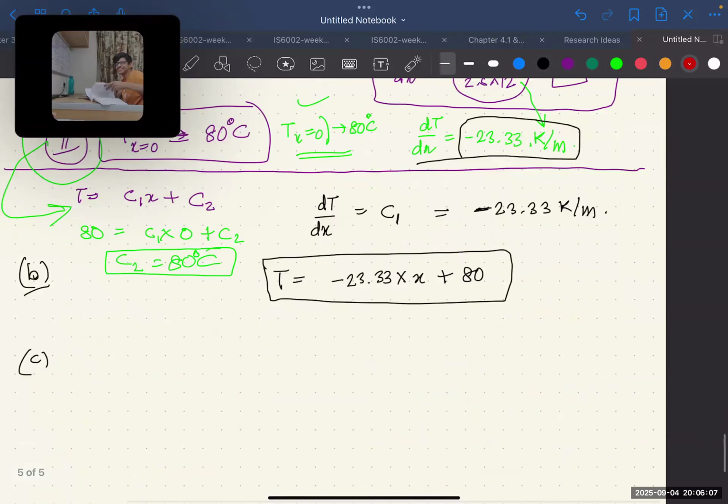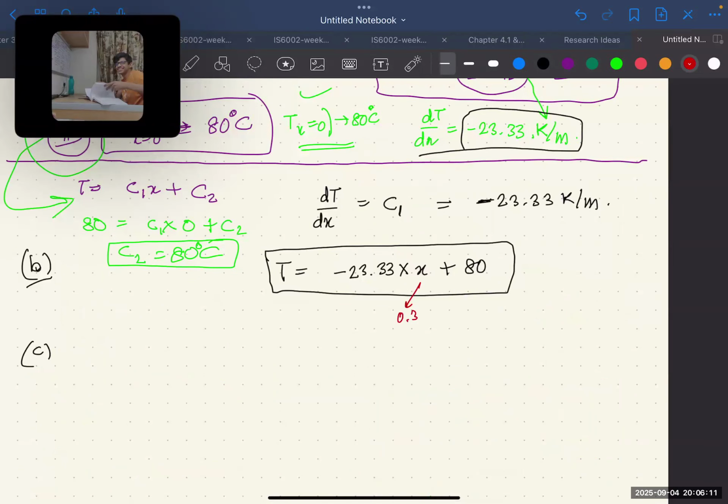So simply we have the temperature equation. We just simply have to plug in x as 0.3. Can someone again do it and tell me the final answer? T equals minus 23.33 times 0.3 plus 80. What is the final answer? 73 is what Joey is getting.